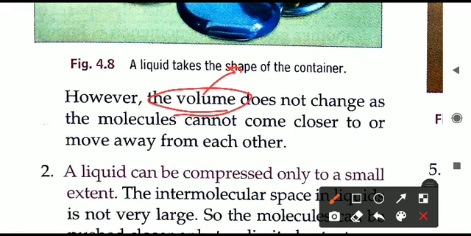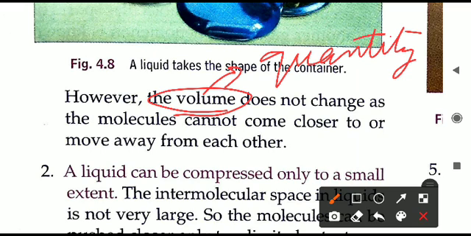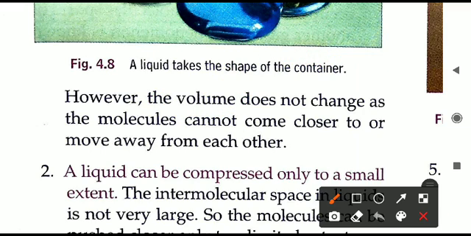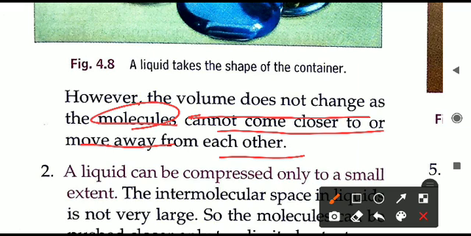Volume means the quantity, how much liquid is there, and that quantity will not change. If you take 300 ml of water in a small container and put that same water in another container, the shape will change, but the quantity of water will remain the same. Whatever volume is there in the beginning, it will remain the same. So volume does not change, because the molecules cannot come closer or move away from each other. The distance between the molecules does not change in the liquid, only the shape is changing.